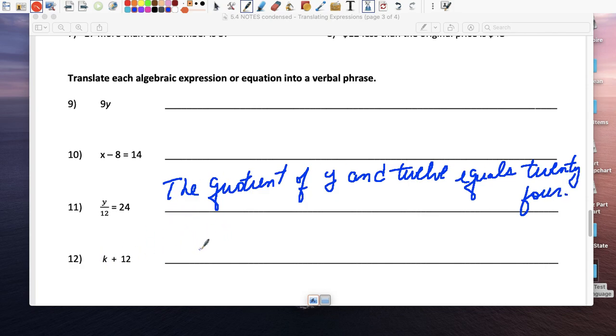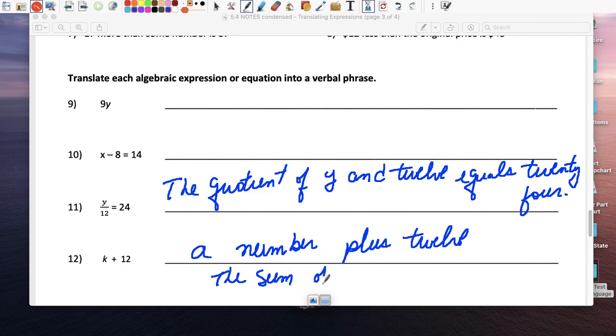This one is k, or let's just call it a number, plus 12. Another way you can write it is the sum of a number plus 12. All those are okay to use.